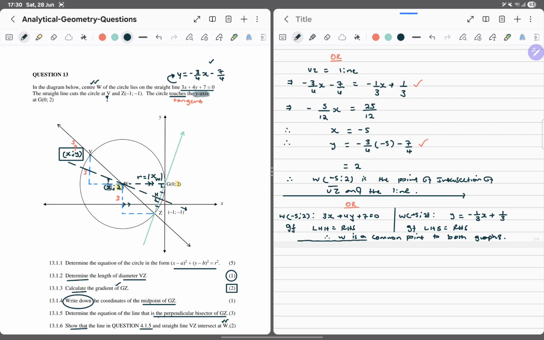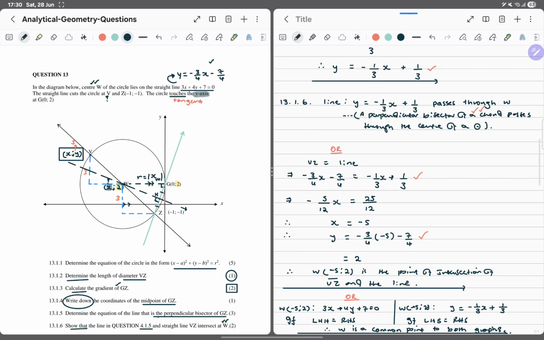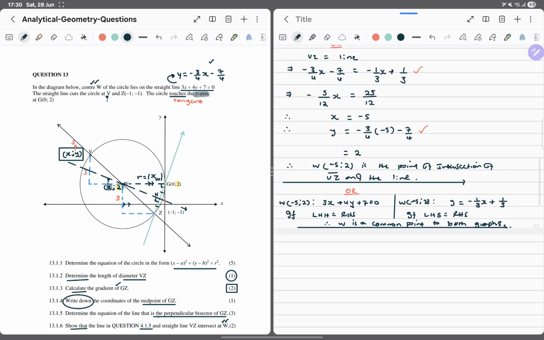So guys, this is your part to play. Do it for completeness' sake. I cannot do it all, but this is how one should answer a question like this. All you do is take that very point W and substitute into both equations.